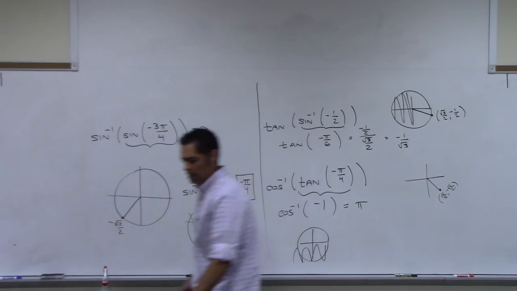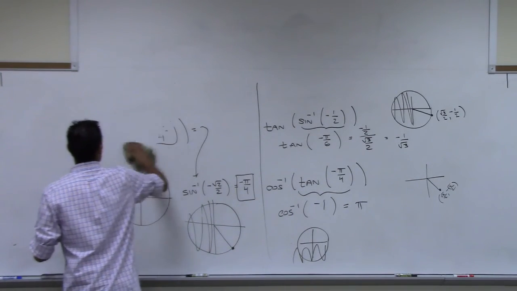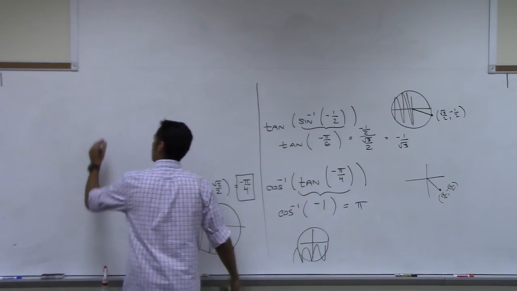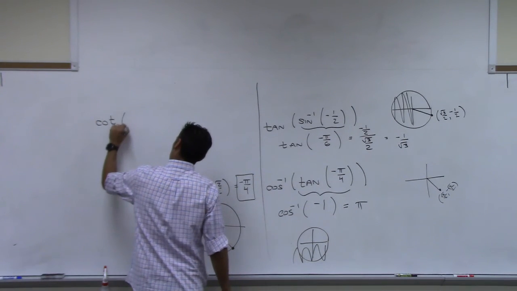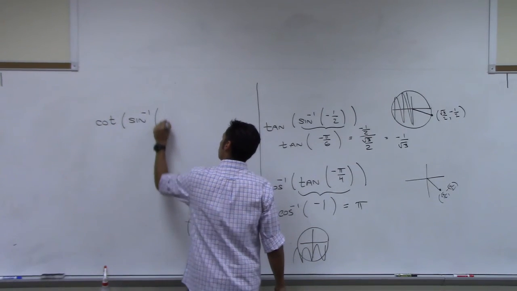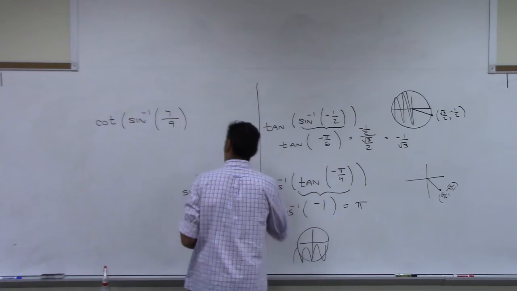One more. I know we're out of time, but I just thought of this being a problem that you could see. How about something like, what's cotangent of arc sine of 7/9?